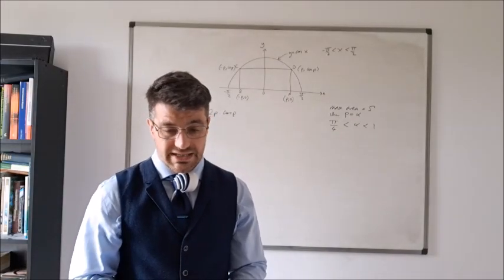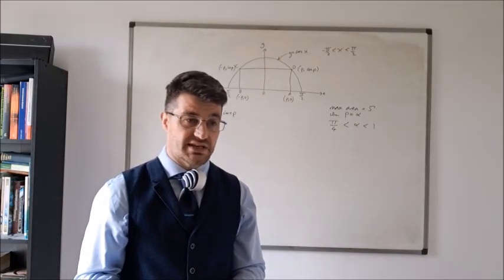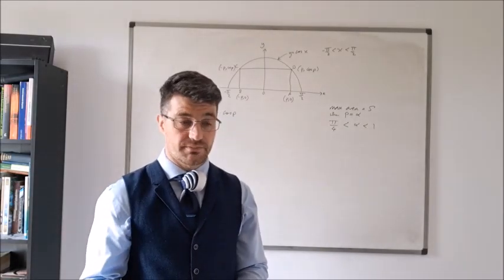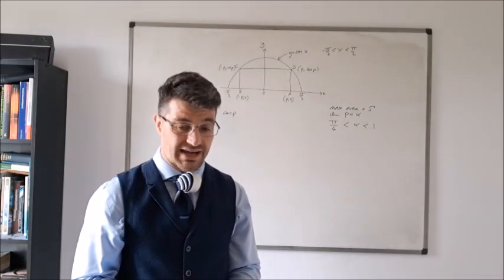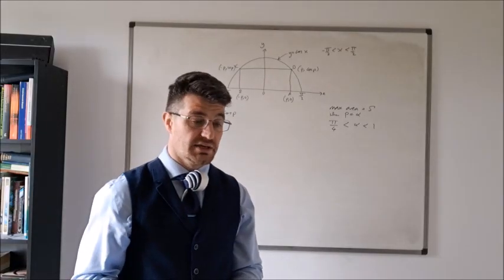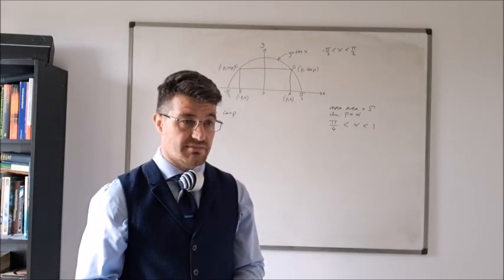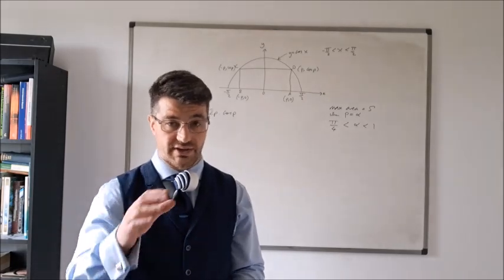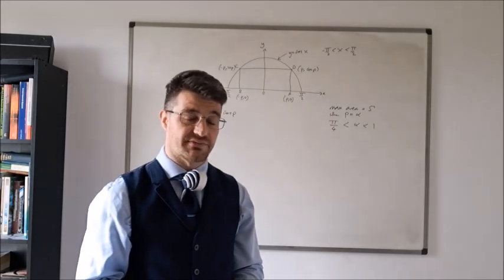Now, because we're talking about the maximum area of ABCD, I think it's quite natural here for us to think in terms of differentiation, because we're talking about the maximum of a function, effectively. That's not to suggest that the maximum value of a function is always identified through differentiation, finding turning points and things like that, but it's a very common thing.